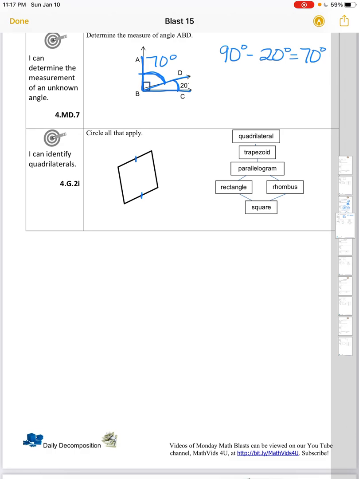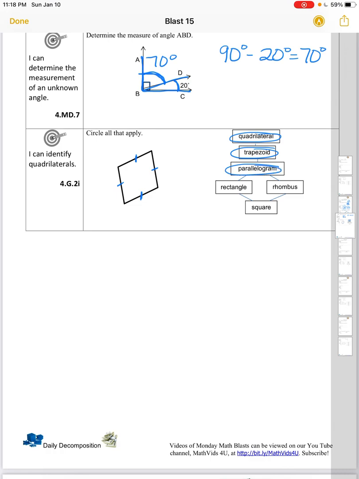A parallelogram is a quadrilateral that has two pairs of parallel sides. Now we've already shown that there's one pair, but this side is also parallel to this side. So those are never going to touch, meaning we actually have two pairs of parallel sides. So we've now shown that we have a quadrilateral, a trapezoid, and a parallelogram.